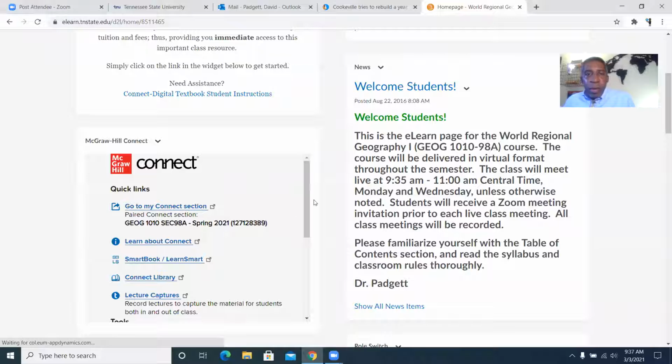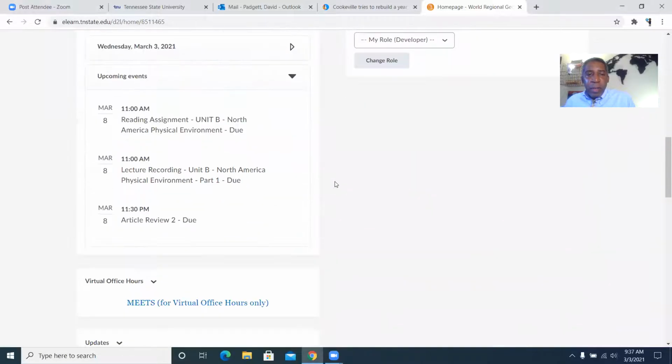So where we are now is moving through the first part of Unit B. For this week, you're going to have a reading assignment, and we're walking through some of the pertinent parts of it today.